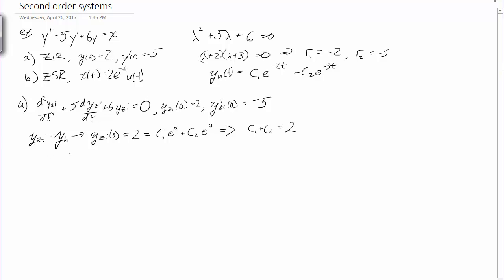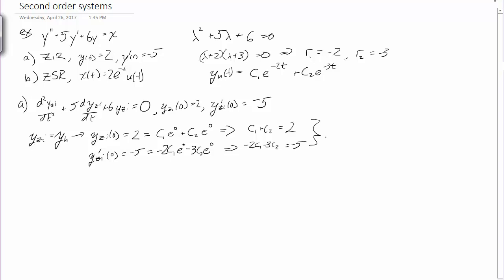And we're also now going to differentiate y zi, so y zi prime, evaluate that at 0, and that has to be -5. So if I differentiate the homogeneous solution, I get -2c1, and I evaluate that at 0, -3c2, evaluated at 0. So this tells me that -2c1 minus 3c2 is equal to -5.